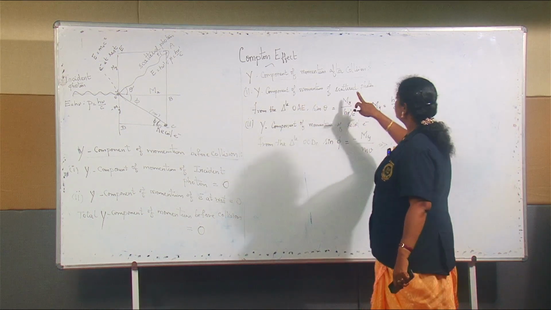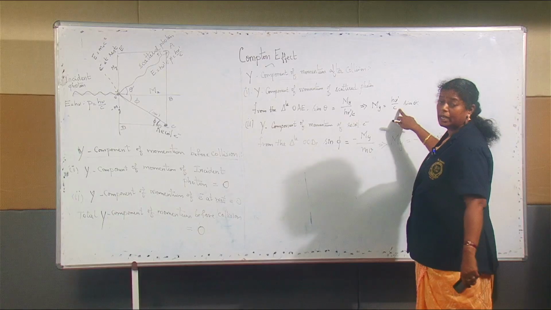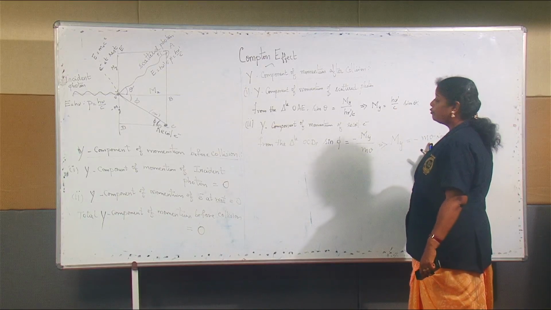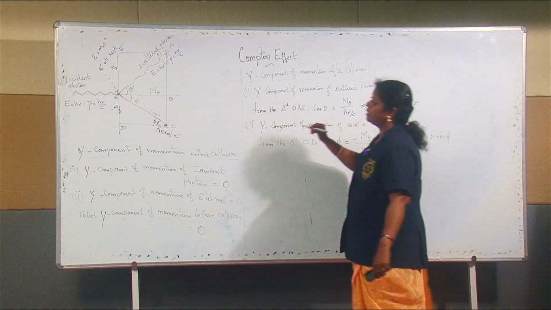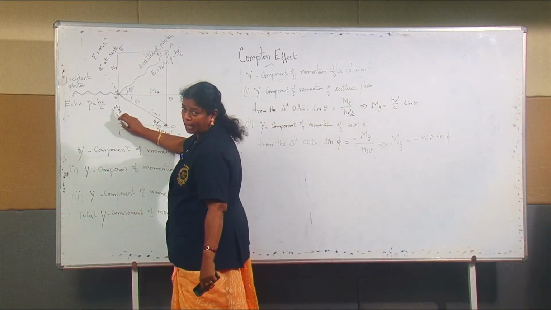So for the scattered photon it is h nu dash by c sine theta, and for the recoil electron it is minus mv sine phi. Don't forget this minus, since here it is on the negative y-axis.